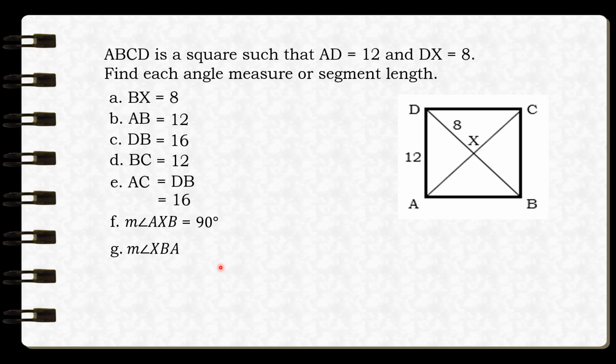Next, letter G. What is the measurement of angle XBA? So this is XBA. Since the diagonal of a square bisects this angle, and this angle is actually a 90-degree angle, half of it is equal to 45 degrees.